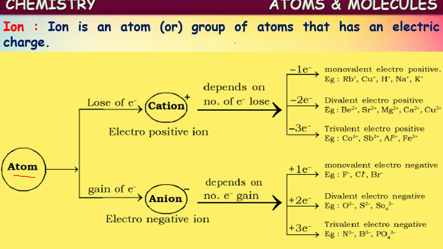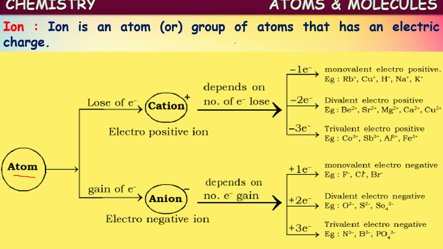And if the neutral atom gains electrons, the resultant species acquires a negative charge on it. That is called an anion. Simple. The number of negatively charged particles and positively charged particles with their charges is equal and it is neutral.